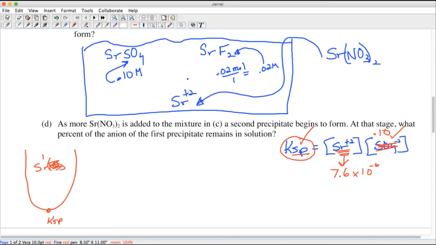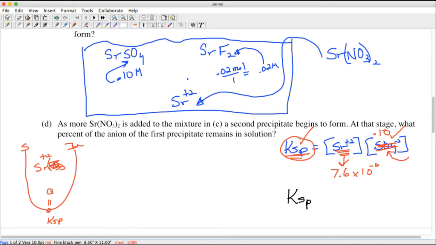You get the idea. Strontium plus 2, good enough. And this is the solid, and this is the ions, it breaking apart. And this is where the Q equals the KSP. So knowing the equilibrium position and knowing how much of the sulfate ion, I can figure out the concentration of the strontium so that Q equals K. That's my position.